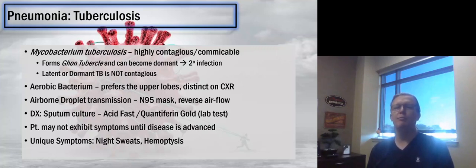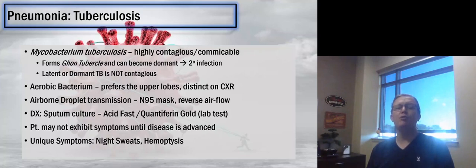Most institutions anymore rely on the QuantiFERON Gold blood test to test for TB antibodies. It is an aerobic bacterium, which means it requires oxygen to reproduce, and that upper lobe tubercle is distinctive on X-ray. So that can be a very diagnostic finding.